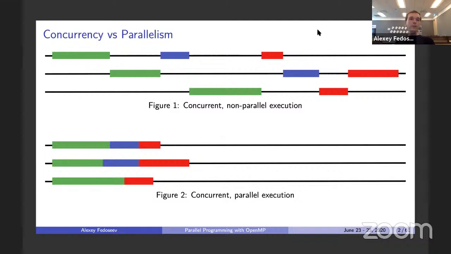Look at the first figure, for example. My second worker depends on my first worker to finish first, and then the second worker can start. Then the first worker has to wait again for the second worker to finish, and only then can it continue. So being concurrent, the execution is not really parallel.